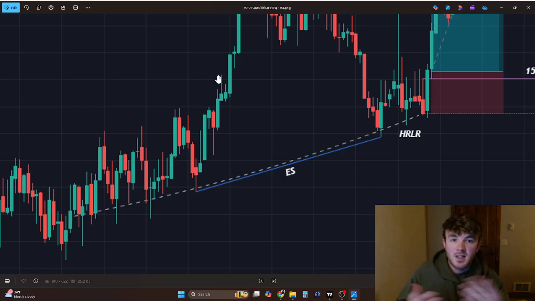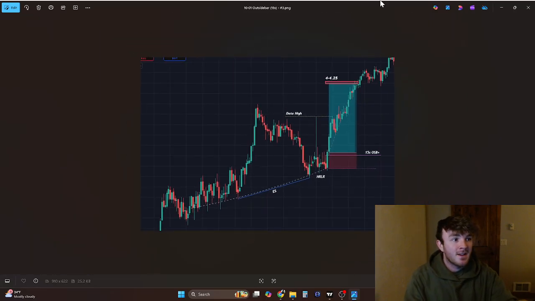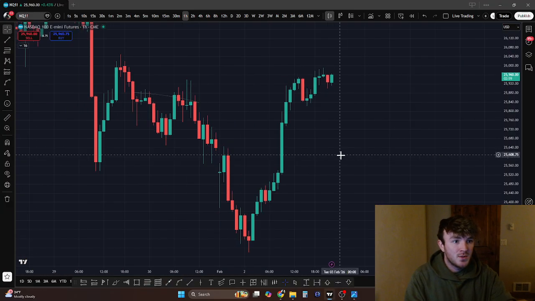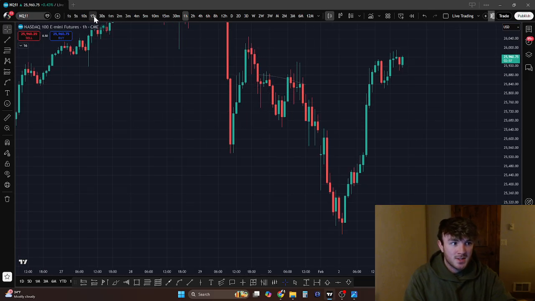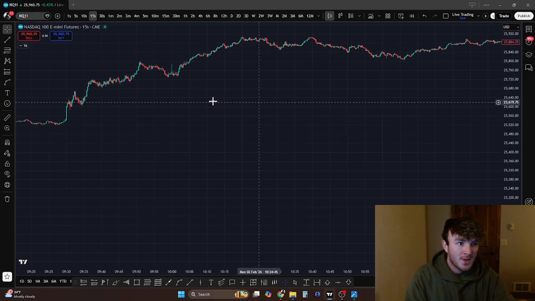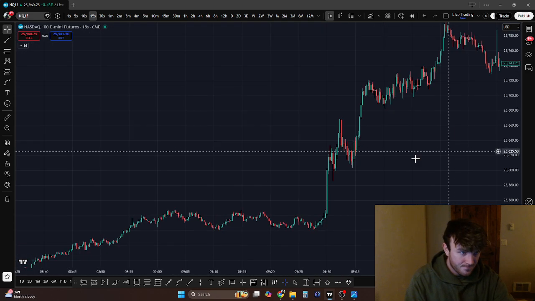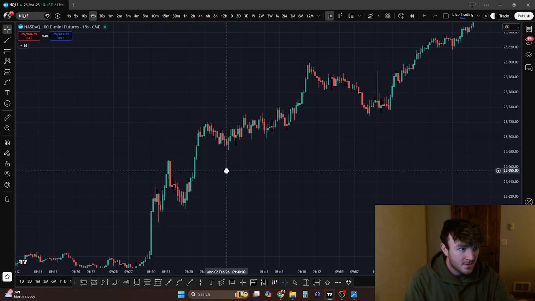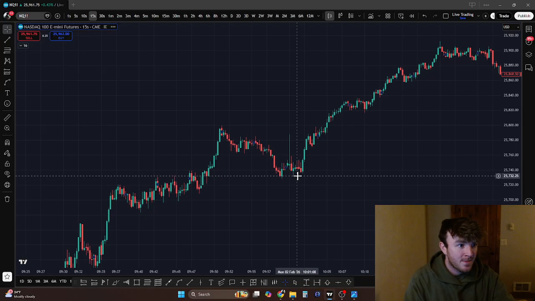Now, understanding the pothole analogy, we can take a trade off of this to get in for this entire move up. And so what's cool is, let's say we understood this concept. We could take this outside bar all the way down here, wherever it was, right? So here's the outside bar.